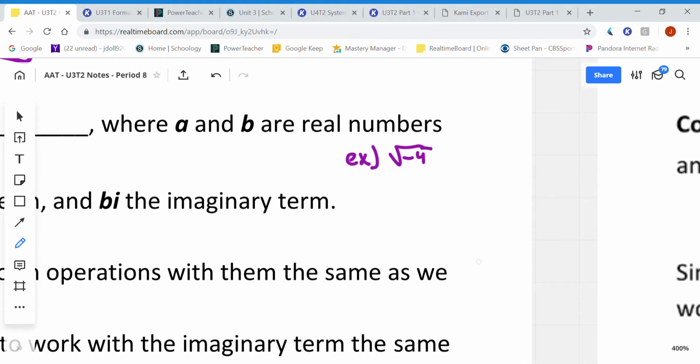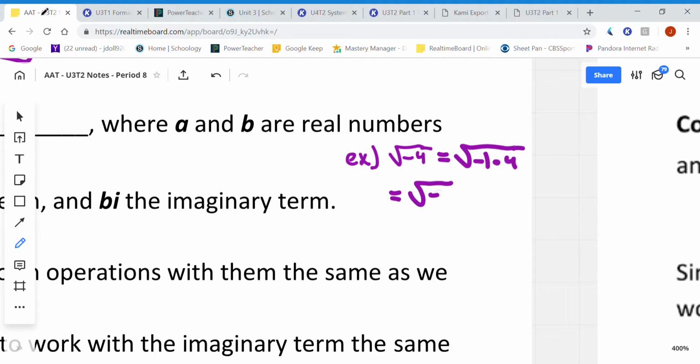So how do we deal with this? Well, when we think about the square root of -4, what we can do is factor -4 to the factors -1 times 4. We talked about in algebra that there's a property which, if we're multiplying under the radical, we can split that radical over the multiplication into the multiplication of two separate radicals.